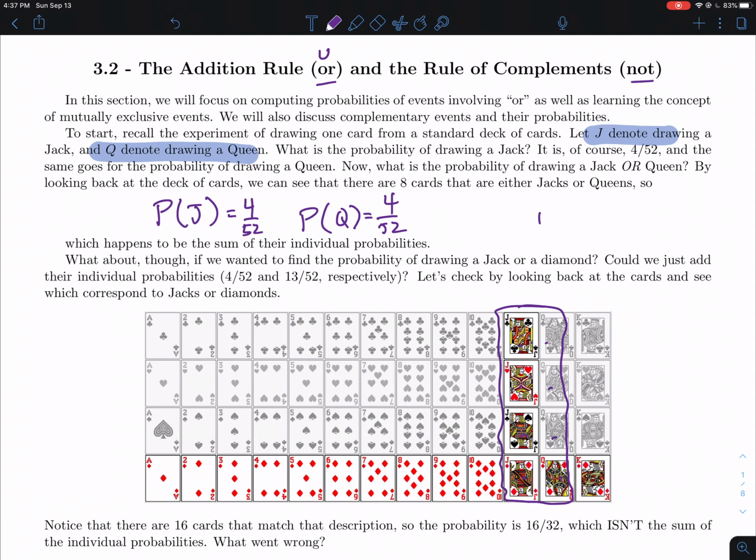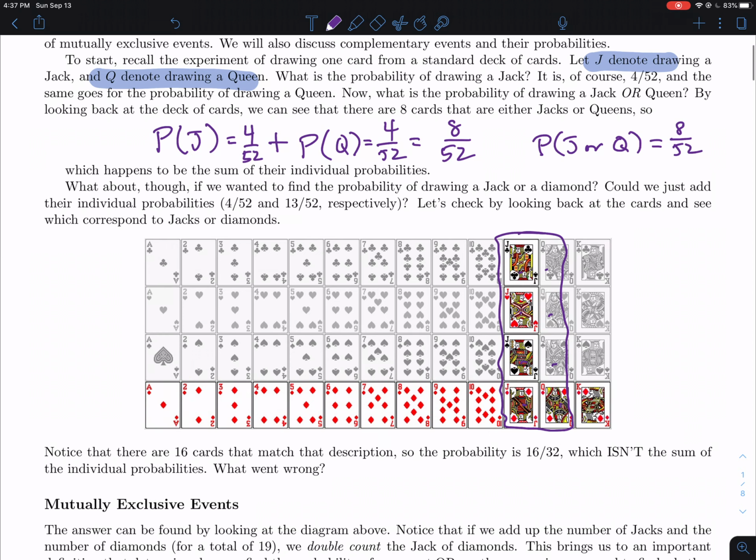So the probability of getting a jack or a queen appears to be 8 out of 52, which means it looks like I could have just taken these two, added them together, and gotten the exact same thing. So it looks like the probability of getting a jack or a queen is just the probability of getting a jack plus the probability of getting a queen. Let's see if that's always true.